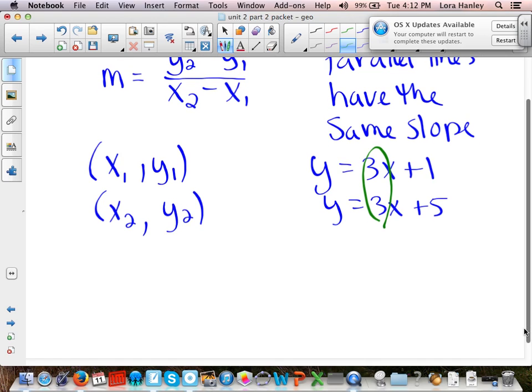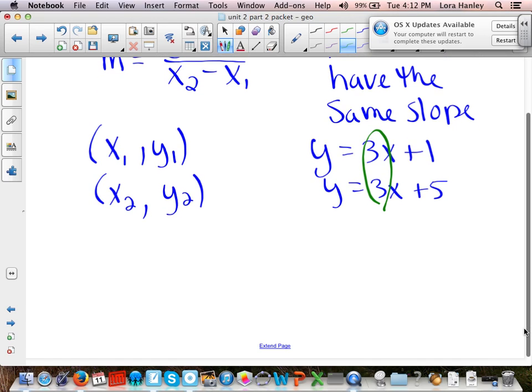Perpendicular lines, however, instead of having the same slope, their slopes are opposite reciprocals.